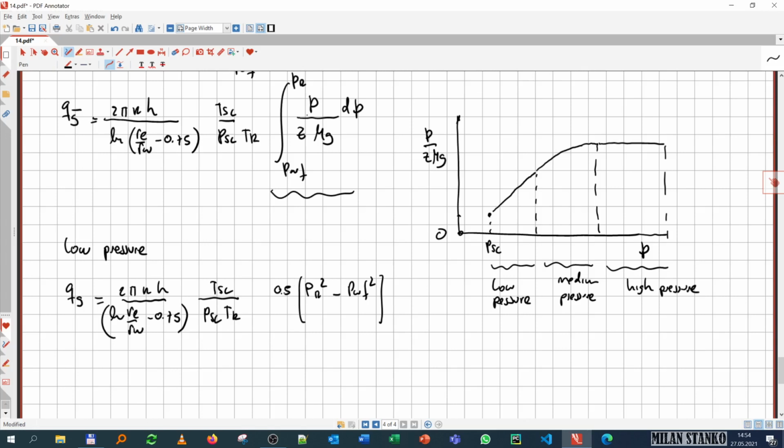And then I have to evaluate the 1 over c mu g. This is evaluated at P average.